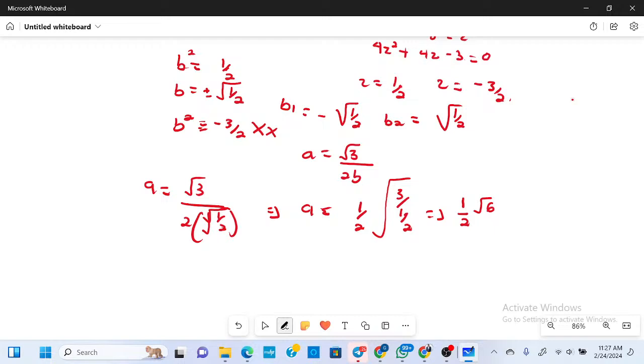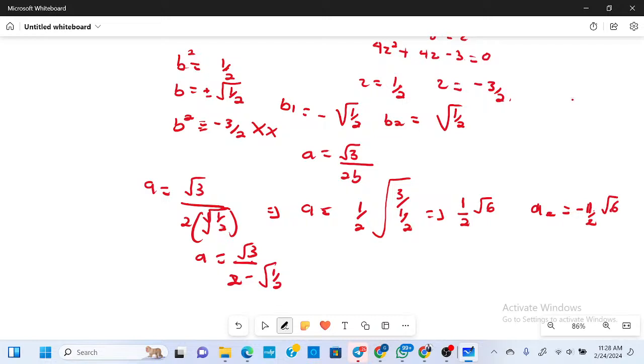Now I'll have a equal to square root of 3 over 2 multiplying the b. But the b is giving us the negative of what I had, so negative square root of half. So without solving, I can say that my a2 will be equal to negative half square root of 6. Therefore, my solution is a plus bi.